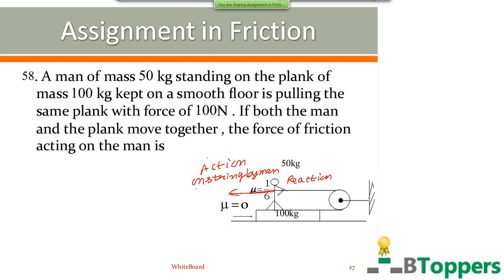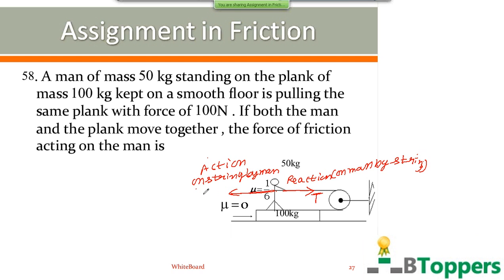If action is towards left side, reaction will be directed towards right side. So reaction will be the force exerted on man by the string. This reaction force on man by the string we call tension. This is the magnitude of tension in the string.